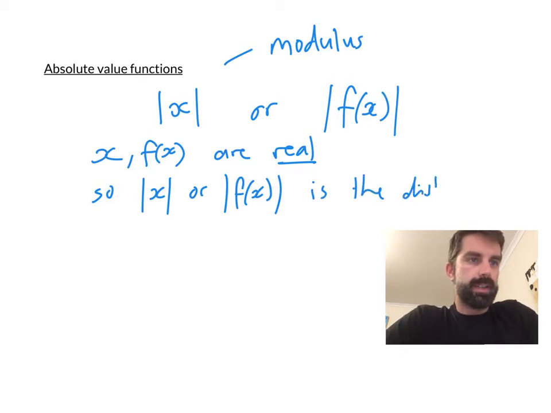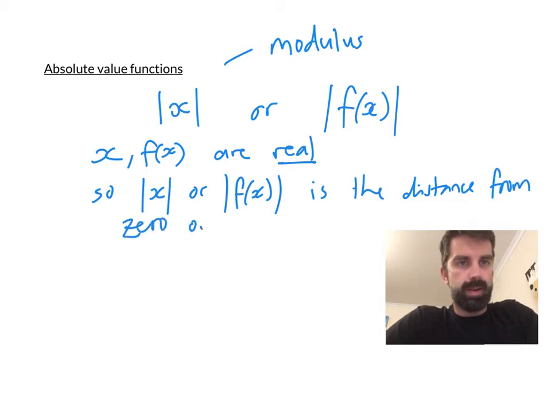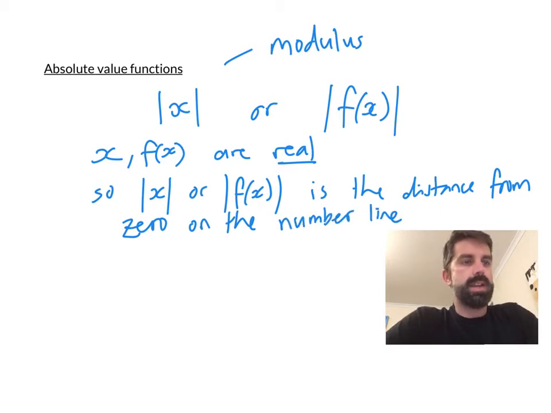So the modulus of x or modulus of f of x is the distance from 0 on the number line. And if we remember back to complex numbers, when we talk about the number line, what we're really talking about is the real axis on the Argand plane.